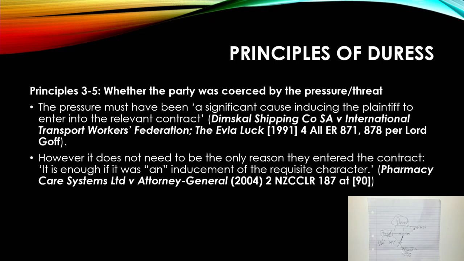Now, it doesn't have to be the only reason. Importantly, there could be other reasons plausibly why this person entered the contract, but all you have to show is, was it a significant cause of the plaintiff's assent to the contract?